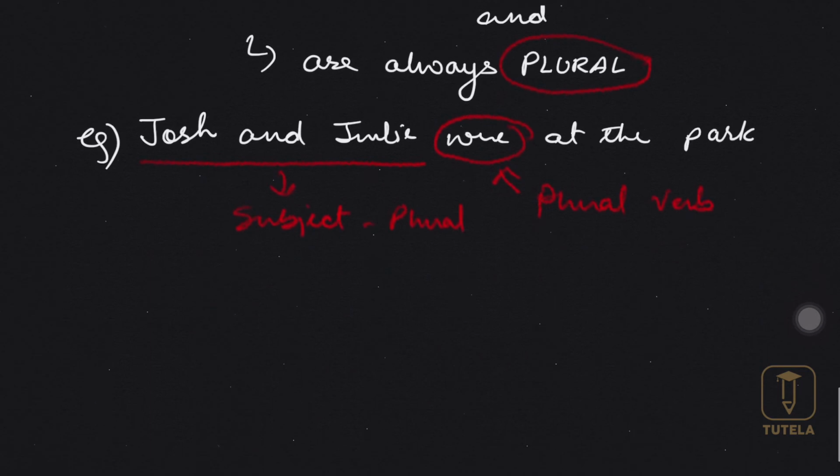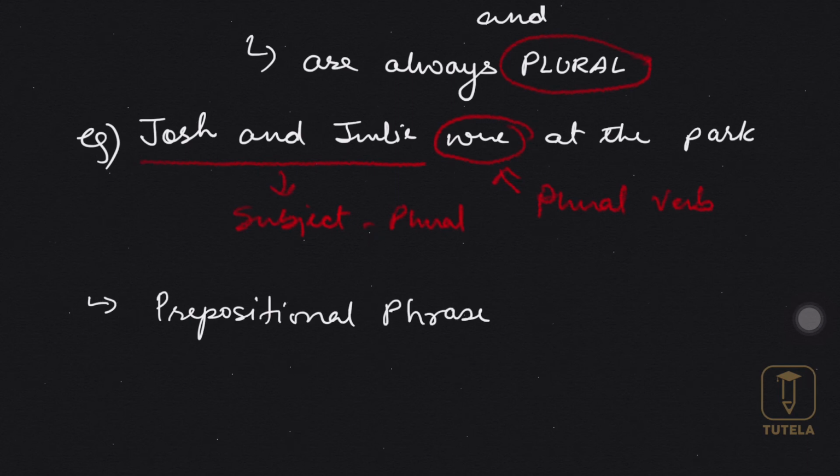The other thing that you need to understand when you're working on subject-verb agreement situations is that there is something called a prepositional phrase. So a prepositional phrase consists of a preposition plus nouns. And what do we understand by a preposition here?